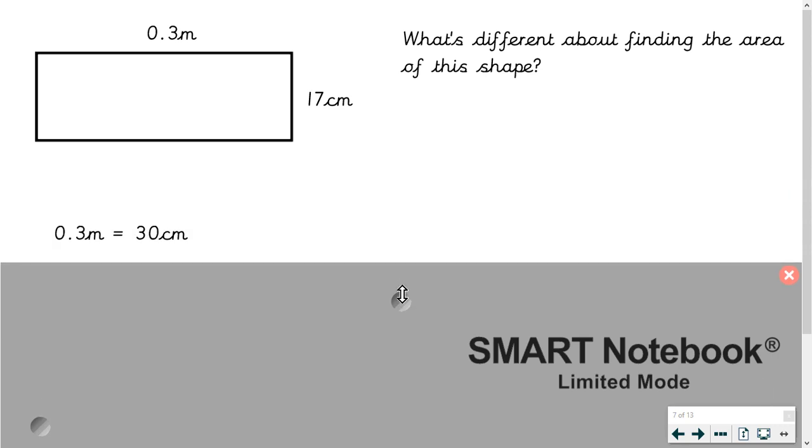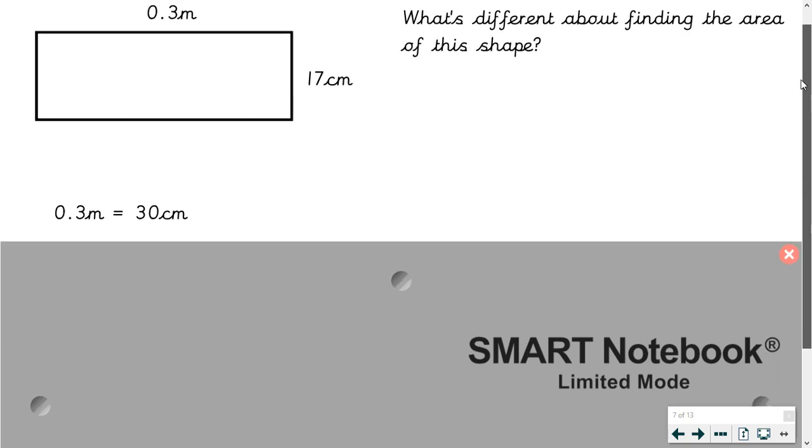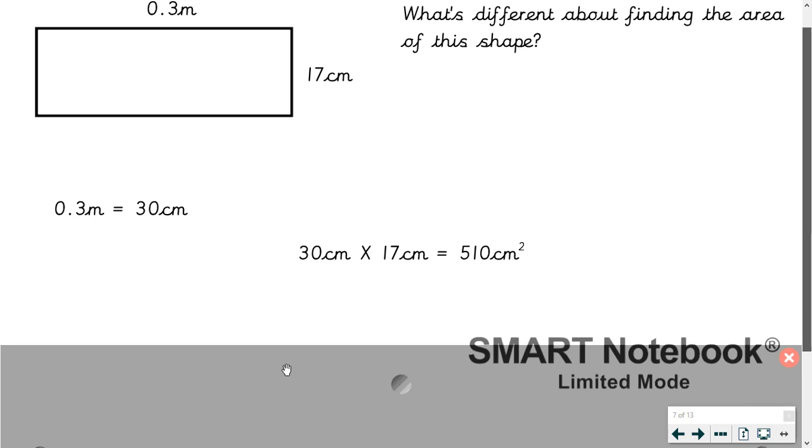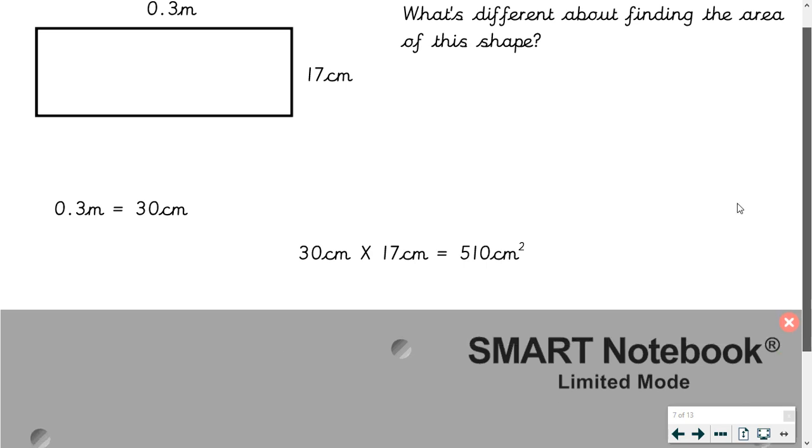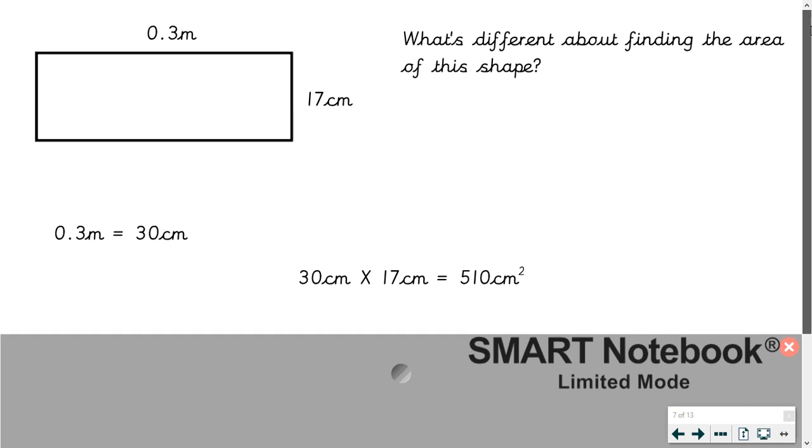So 0.3 metres we can convert to 30 centimetres using what we did last week. So now we've got 30 centimetres by 17 centimetres, which gives us 510 centimetres squared after multiplication. So sometimes you might have to change the unit, and if it's decimalised in metres, it's easy to pluck out how many centimetres it is.